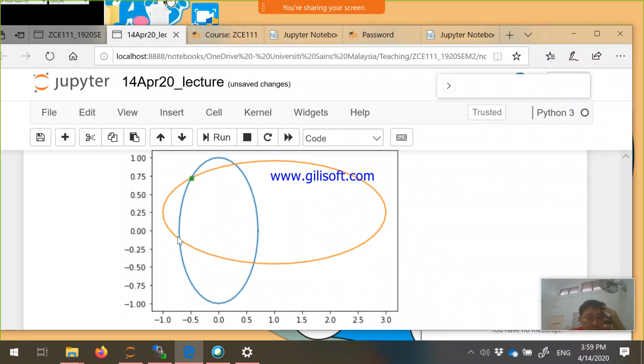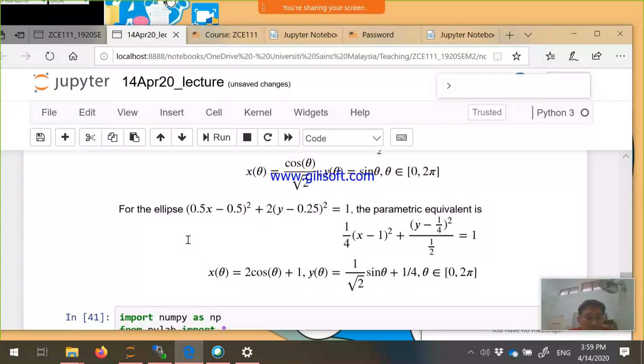Now, how about if you want to get the coordinate for this? You have to supply an initial guess which is close to this. It looks like minus 0.5 for the x and minus 0.25 for the initial guess for the y should be sufficient. So let me try this.